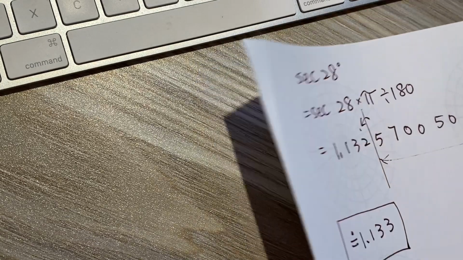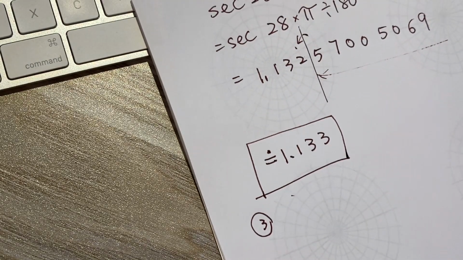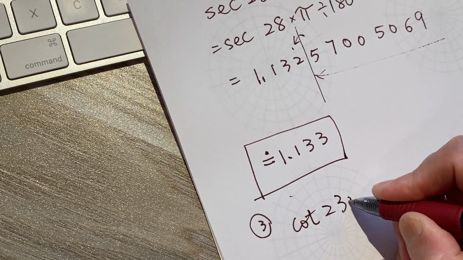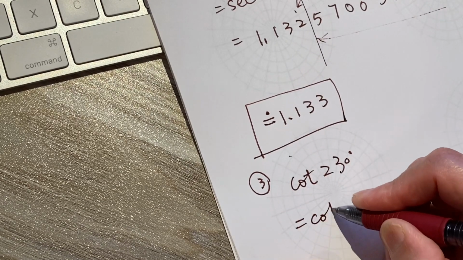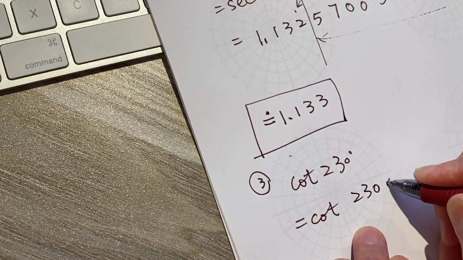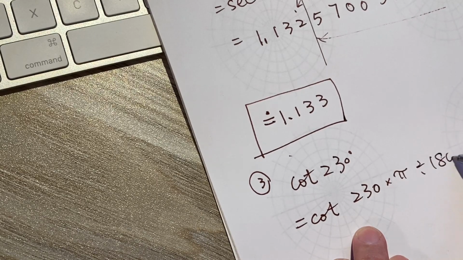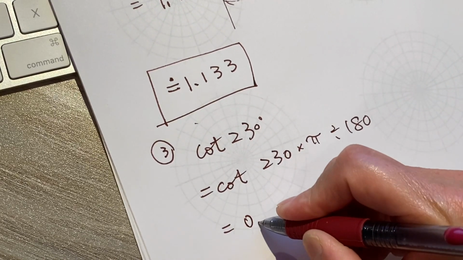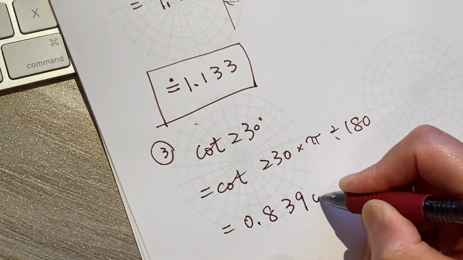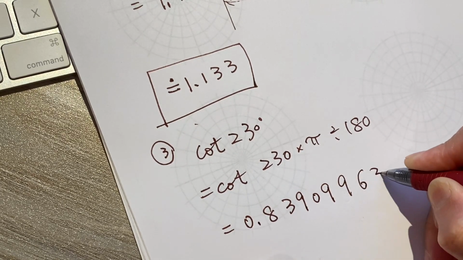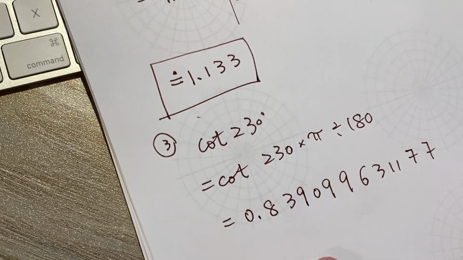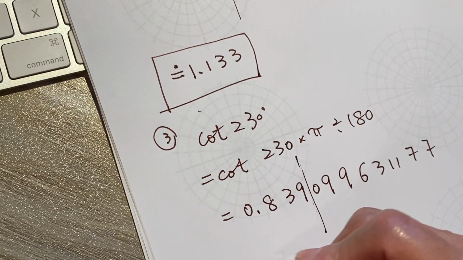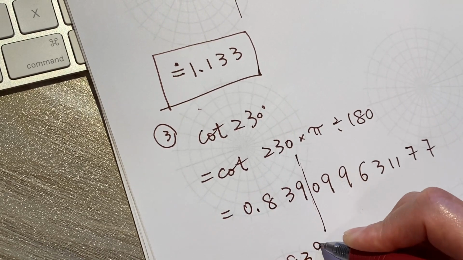Question number 3 is cotangent 230 degree. We will do exactly the same thing. Cotangent 230 times pi divided by 180, and we get 0.839099631177, and rounded to 3 decimal places equals 0.839, and that's it.